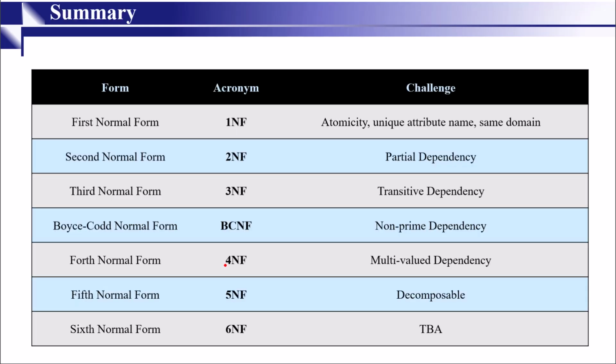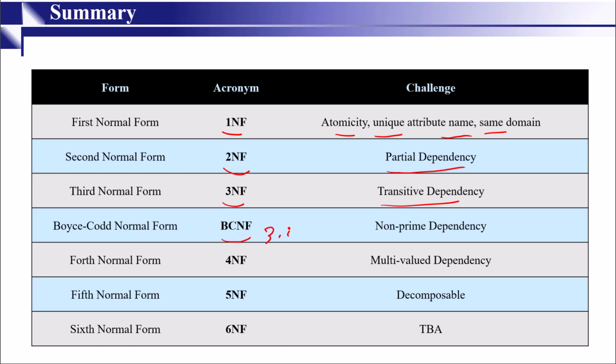So in summary, the first NF ensures atomicity, unique names, and same domains, and order is also not important. Then second NF removes partial dependency. 3NF eliminates transitive dependency.